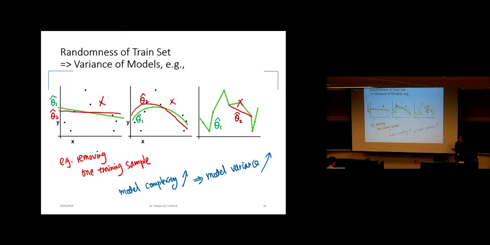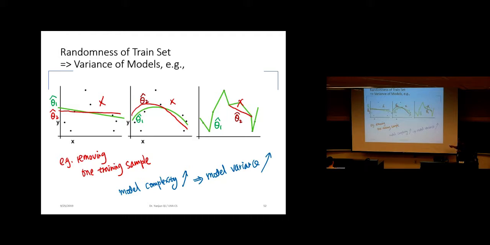All right, so I'm trying to show you variance again. Hopefully this one has a higher variance because it's very easy to tell. If this data point is not selected into training, the curve will look like this. And if this one is not selected, the curve will shift slightly.